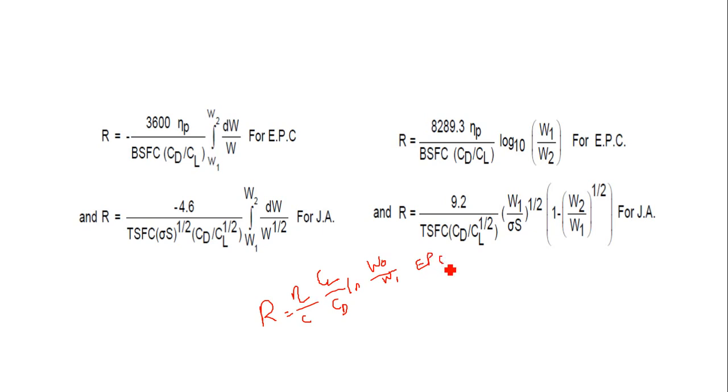Here some things they have considered: the eta is also eta_p here, and for CL by CD they have put CD by CL, and C is the BSFC. For that they are putting the specific fuel consumption. And ln W0 by W1, where W0 is the W1 here and W1 is the W2 here.